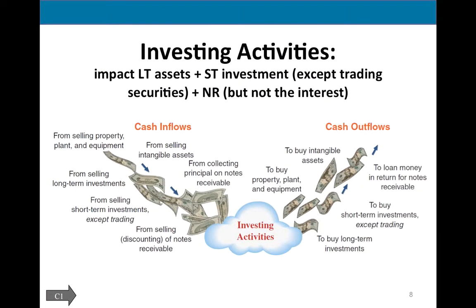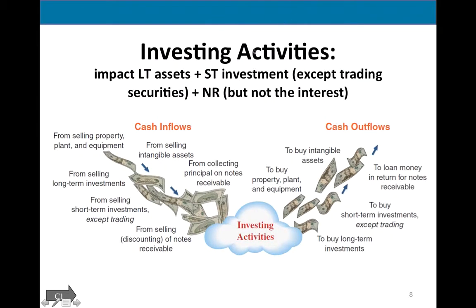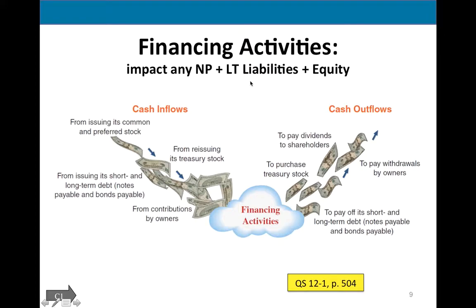And so again, investing activities mostly impact long-term assets as well as any kind of short-term investments and notes receivable. And financing activities, anything to do with long-term liabilities, equity, as well as the notes payable, but not the interest expense. So let's go to this quick study and look at some of the examples and classify them.